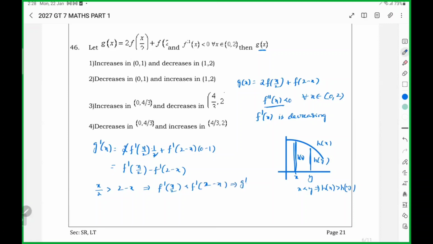In such a case, g dash x is less than 0.